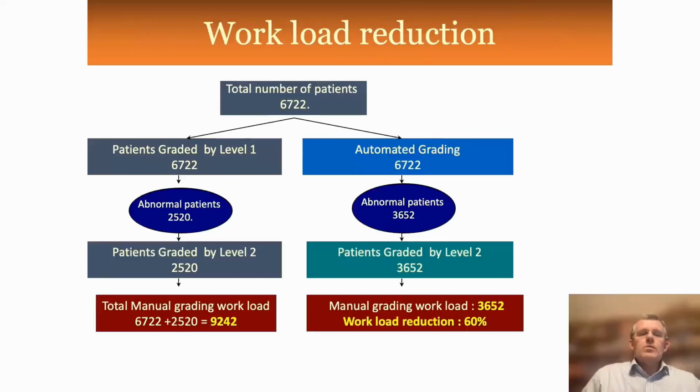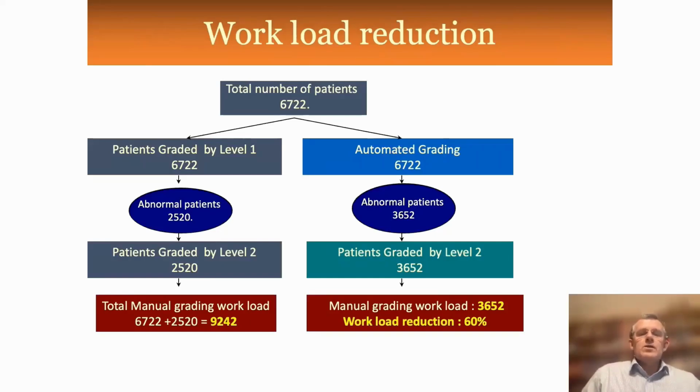When we modelled the impact of autograding on workload, it was clear that autograding had a significant impact. The traditional model that was being used in Scotland was one of three level grading. You had level 1 graders who looked at all the images, level 2 graders who looked at images that are abnormal, and finally level 3 graders who decided whether patients needed to go to ophthalmology or not.